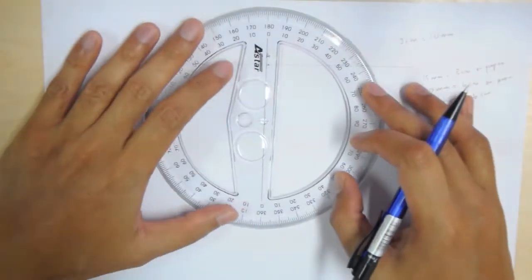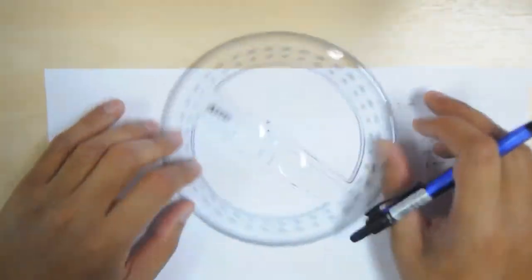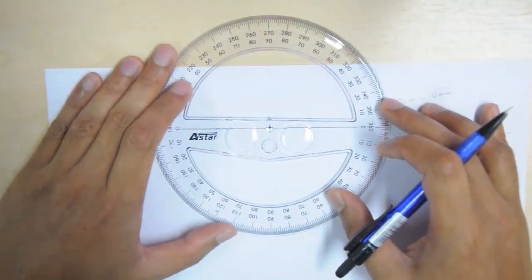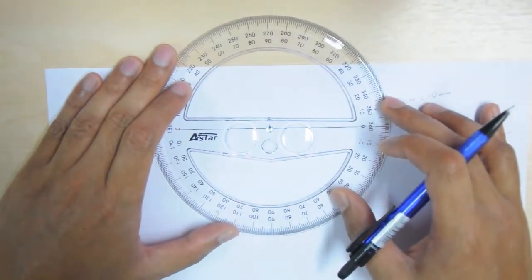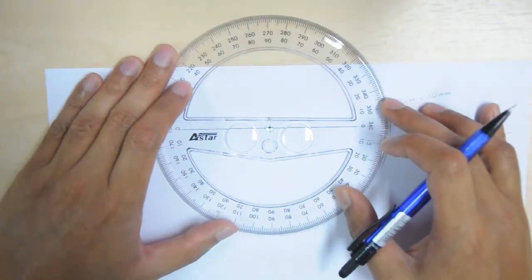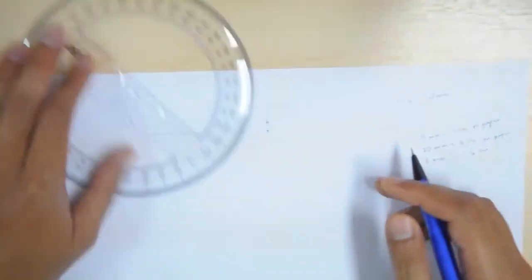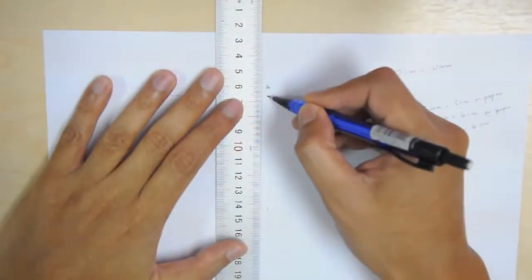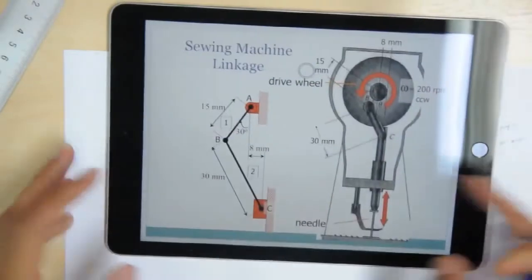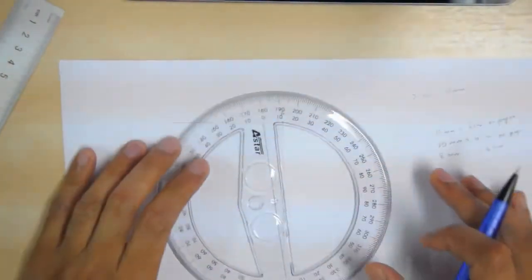Okay, let's just make it one straight line here. 90 degrees down. Then we create a line down. So this is 30 degrees to vertical. Okay, so we measure 30 degrees.